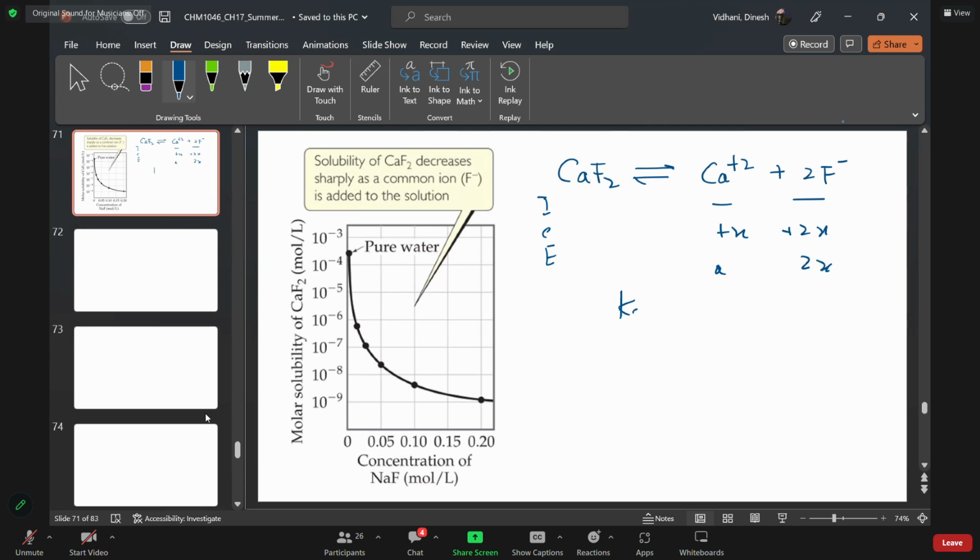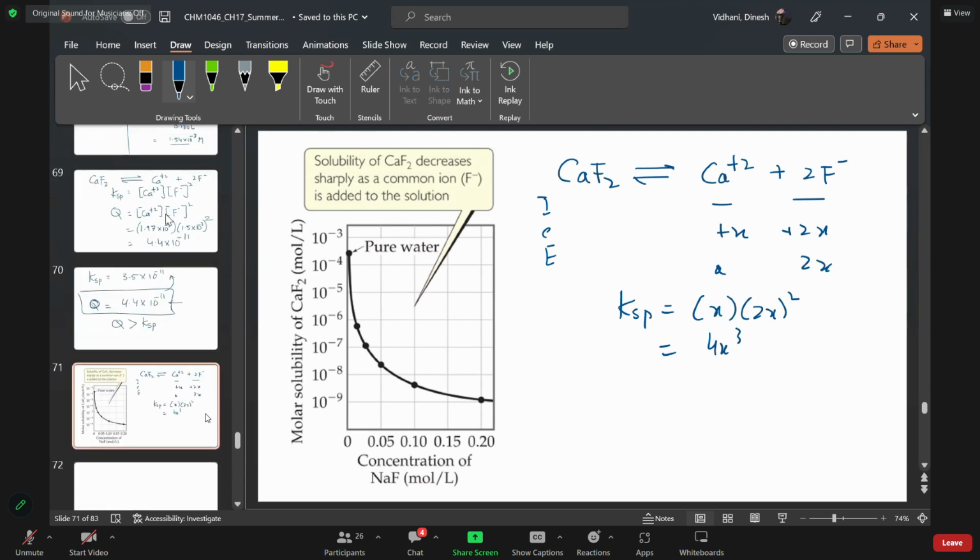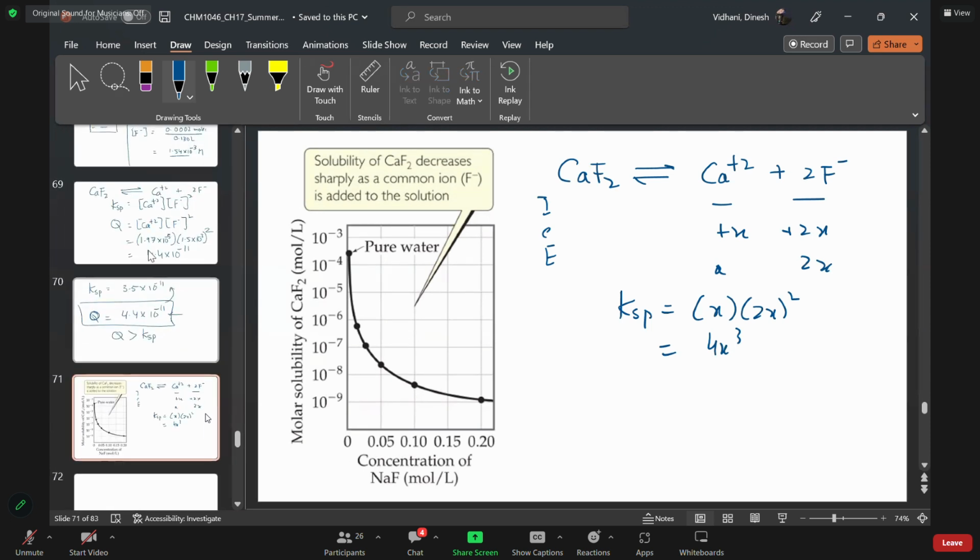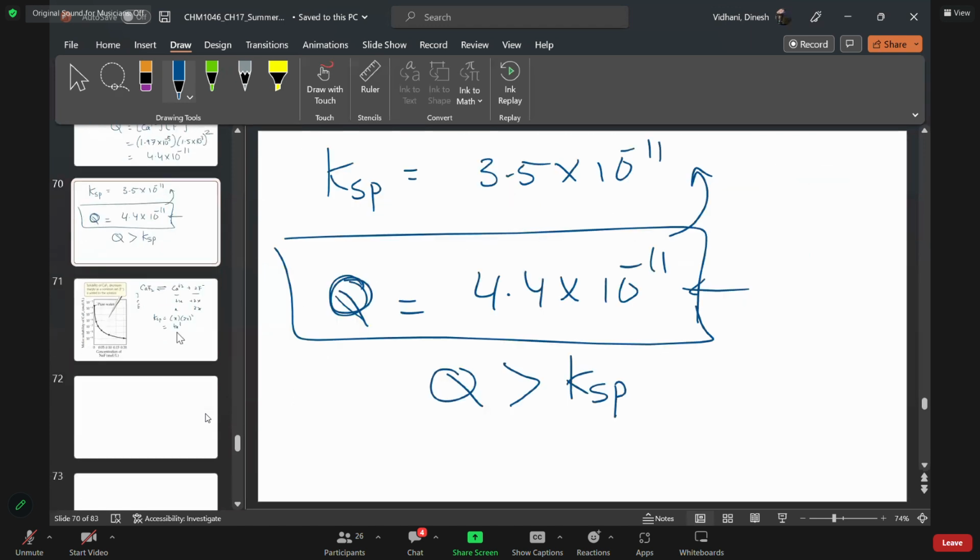And the Ksp for this equation, in this case, that's going to be x times 2x squared, that's 4x cubed. And what is the Ksp for calcium fluoride? Let's look at that one. You just use this value, 3.5 × 10^-11, right? This is the Ksp for calcium fluoride.